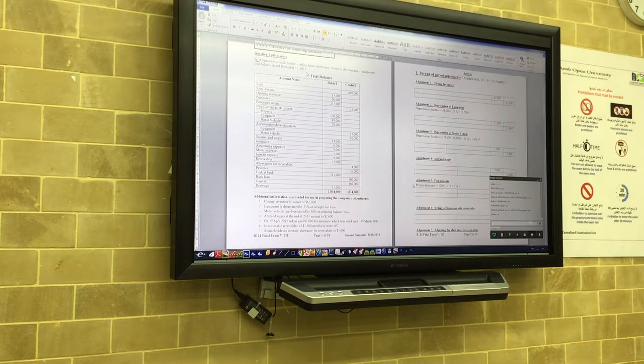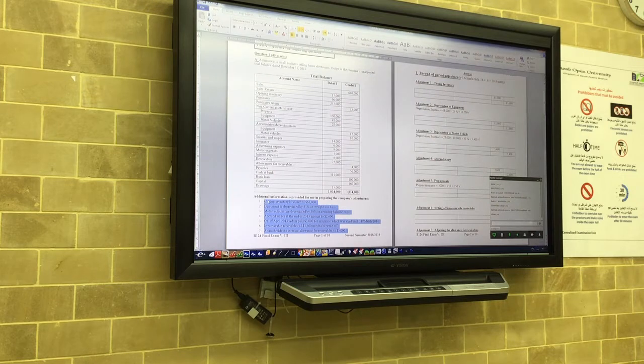So here you have the trial balance, and from the additional information you will prepare the adjustment entries. You will use all this information to prepare the adjustment entries, so the adjustment entries will depend on the additional information.